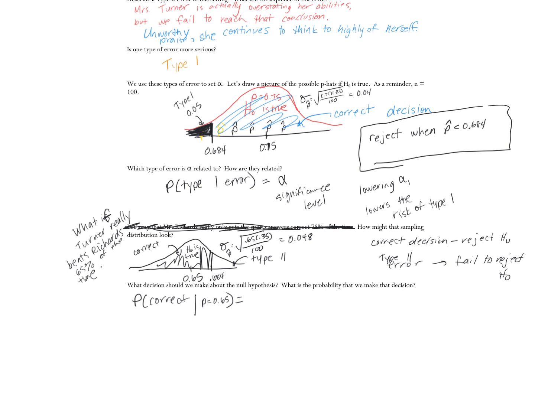What are we getting? 0.76? And we call that number, it's got a specific term. We call that the power, okay? It is the power to detect p equals 0.65. The power of this specific test with this null hypothesis to detect if p is actually 0.65. Okay?